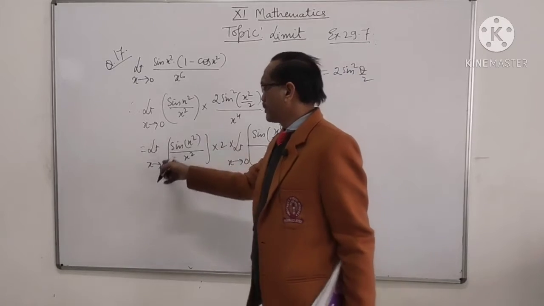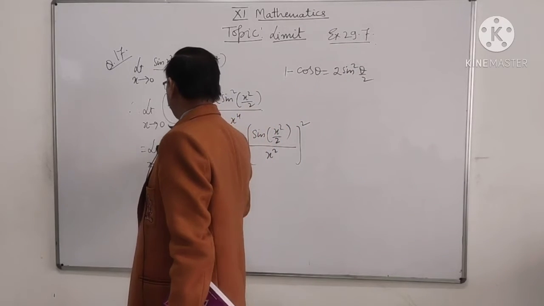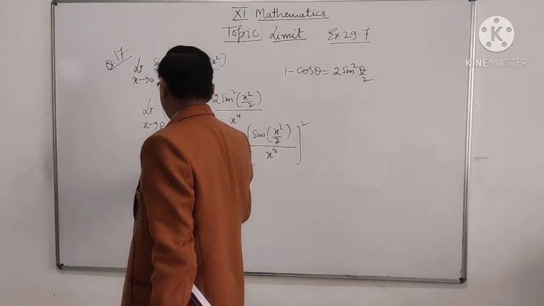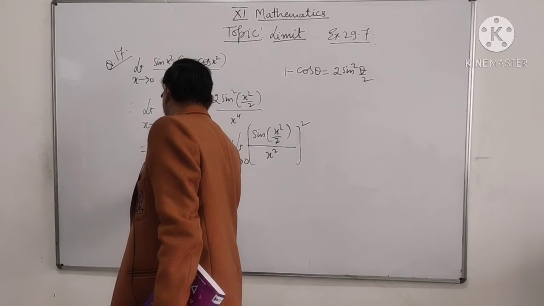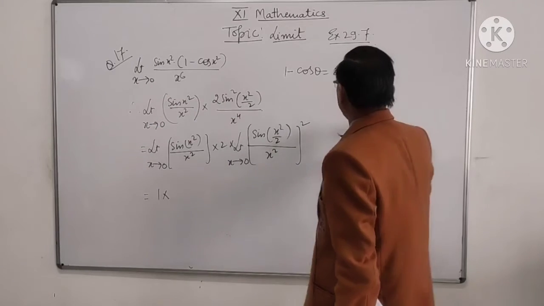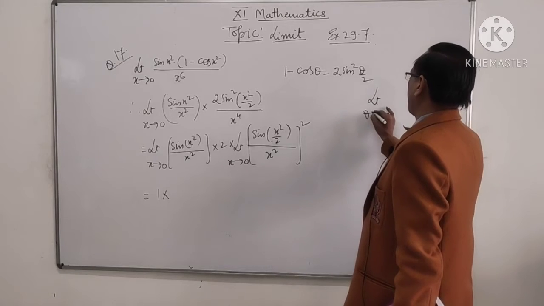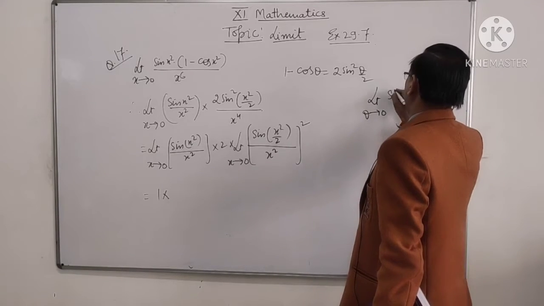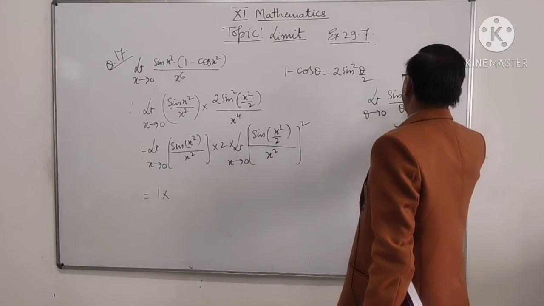Now this limit is 1, according to the standard limit: limit theta tends to 0 sin theta upon theta is 1.